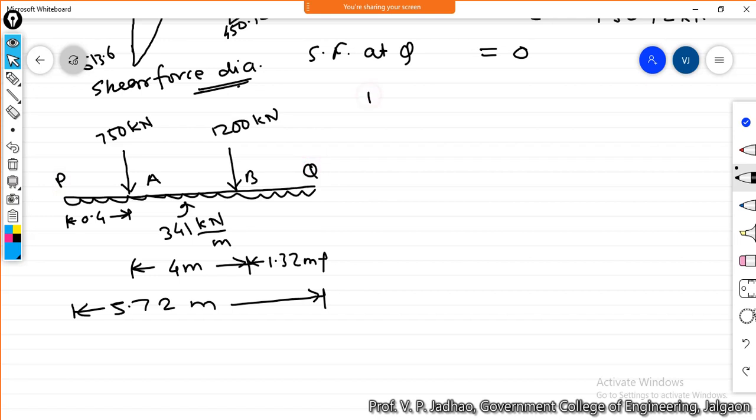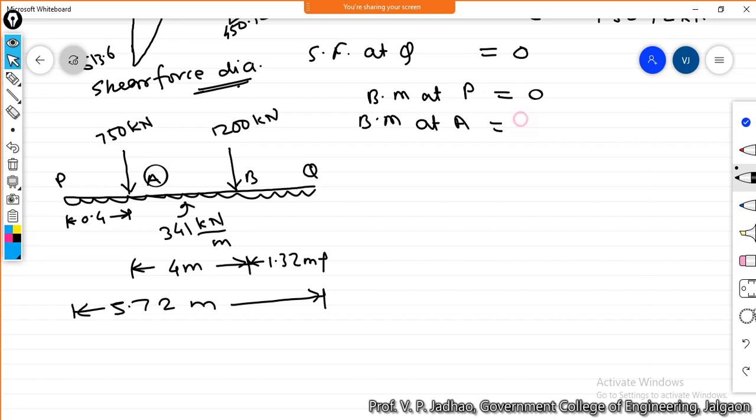Now bending moment at P will be equal to 0. Bending moment at this point A will be due to this 341 kilonewton per meter load only, and if we consider this part as a cantilever part, then the bending moment will be WL square upon 2.